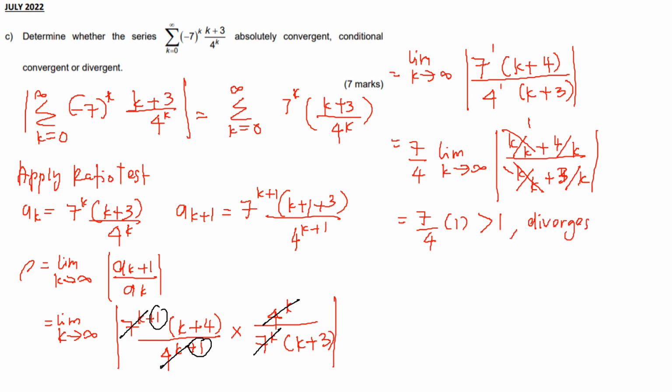Since it diverges by the ratio test, you have to apply the AST to check for conditional convergence. Now we apply the AST, alternating series test. We have two conditions. The function that we have is a_k equals 7^k (k+3) over 4^k.